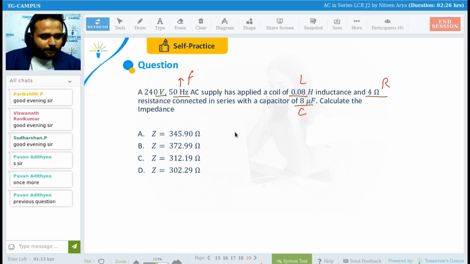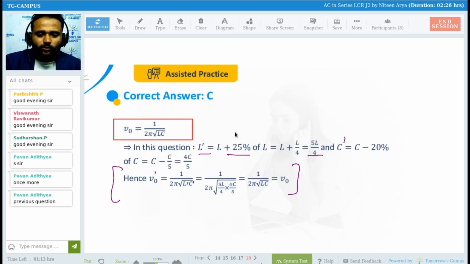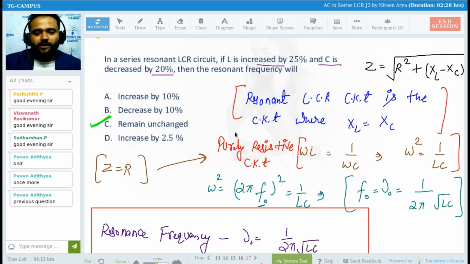Beta Pavan, whatever you ask, we are going to define again in the next slide. But I just tell you a kind of a circuit in which XL equals XC. You can say the reactance of the inductor is equal to the reactance of the capacitor. That particular LCR circuit is known as a resonant circuit.